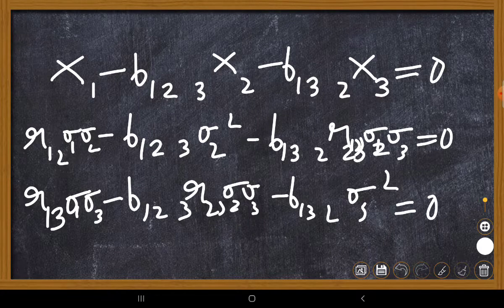Okay, so now look at these three equations properly.